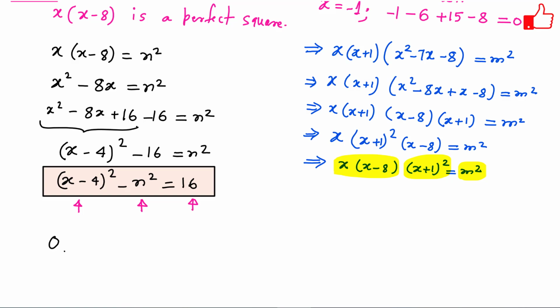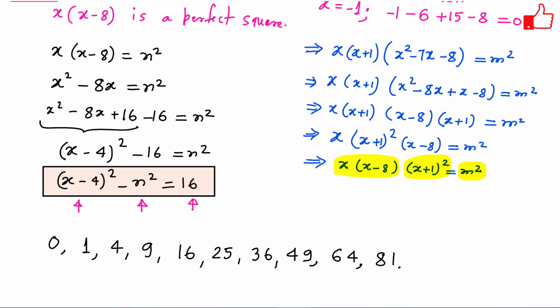So let us take squares. The square of 0 is 0, 1 is 1, 2 is 4, 3 is 9, 4 is 16, similarly 25, 36, and then you have 49, 64, 81, and 100.